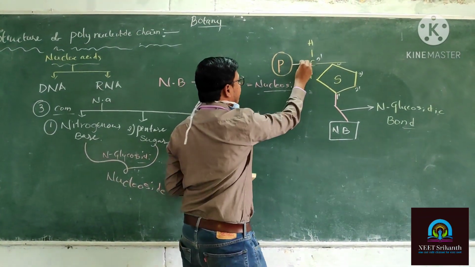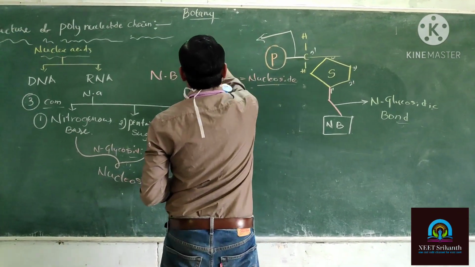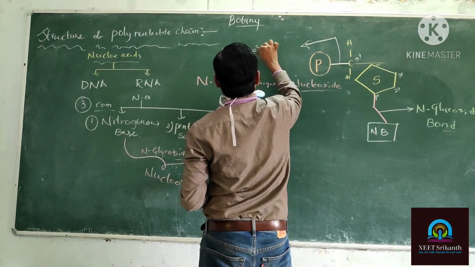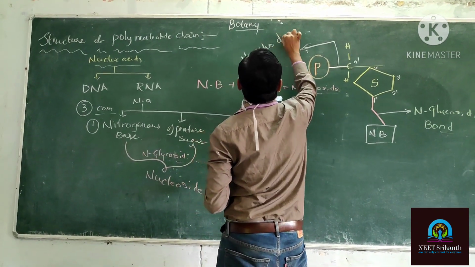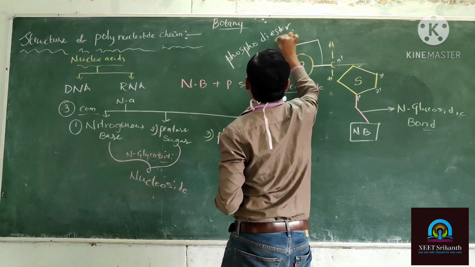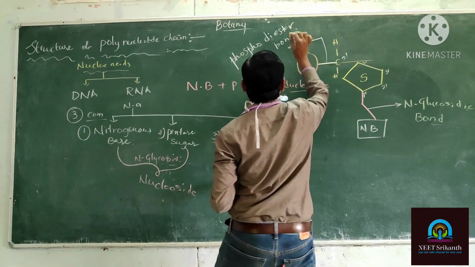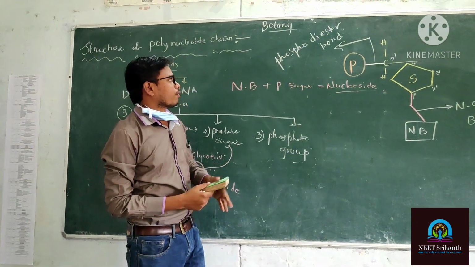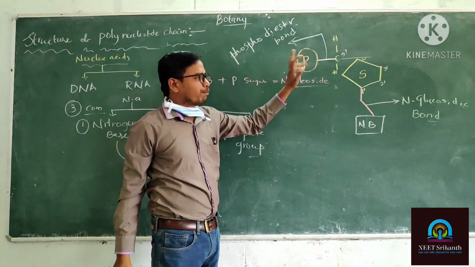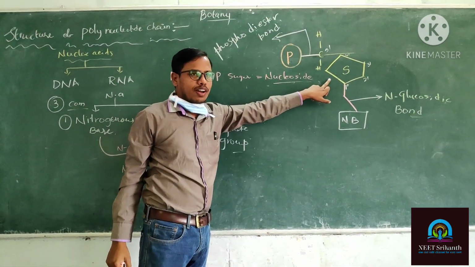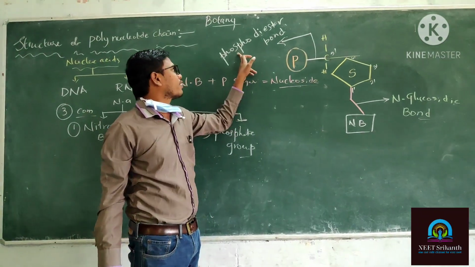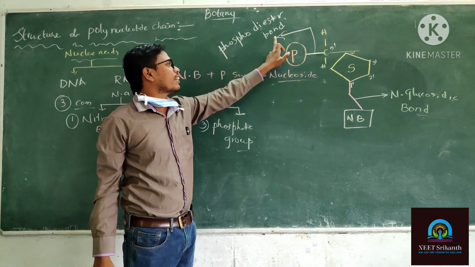The bond name is phosphodiester bond. Between the phosphate and pentose sugar, a bond is there. The bond is called phosphodiester bond.